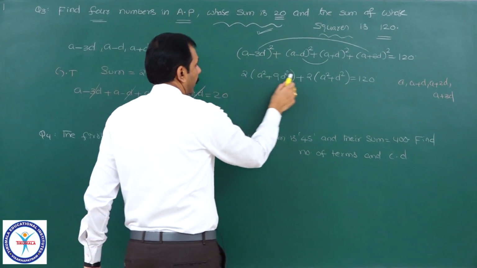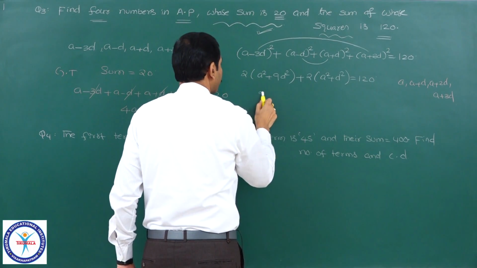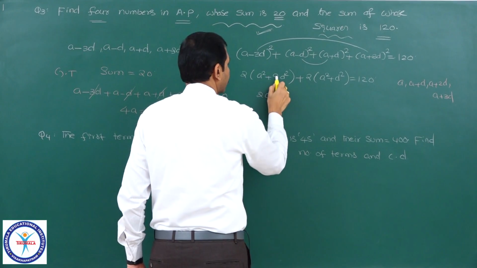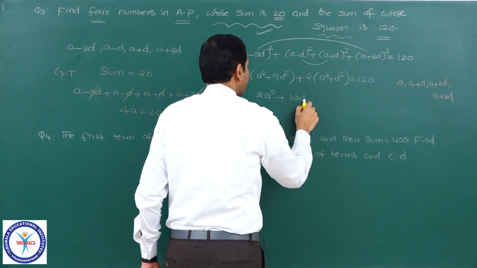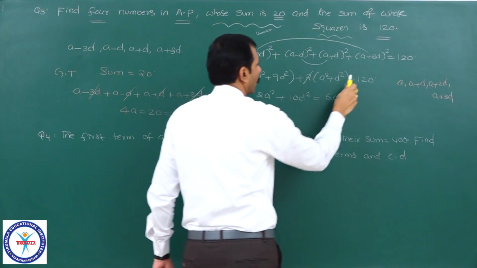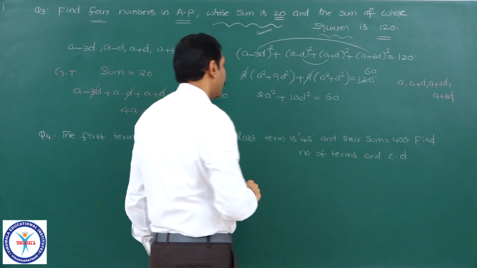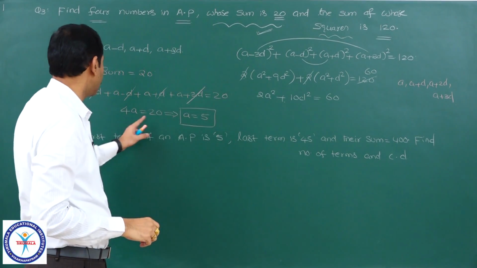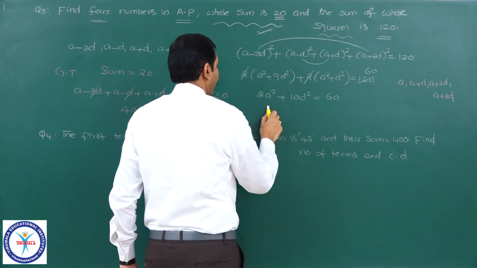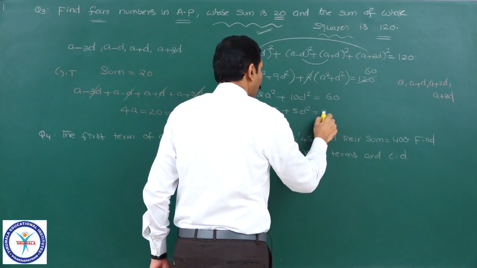Now if I take 2 common and cancel the right hand side, remaining a² + a², that means 2a² + 9 + 1, that means 10d², is equal to 60, because this 2 I am already cancelling. Now again 2 I can take common and it will get cancelled with the right hand side. a = 5, 5 squared means 25, plus 5d² is equal to 30.